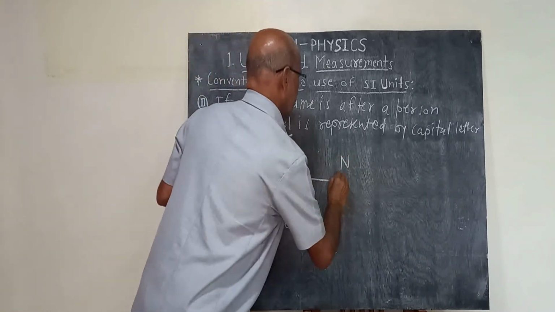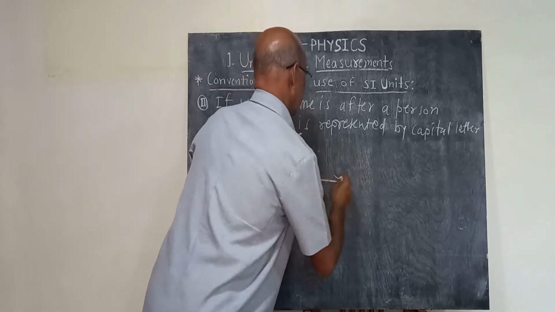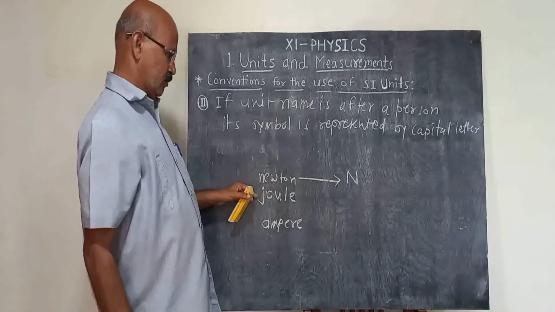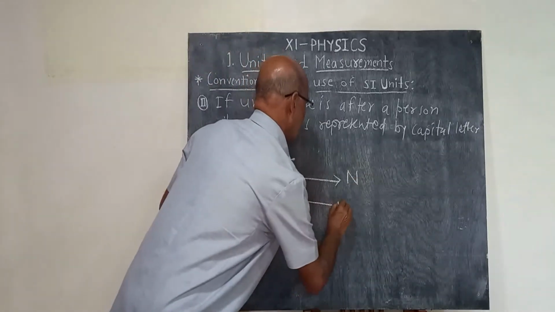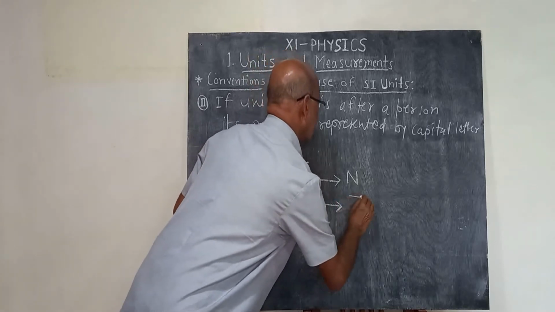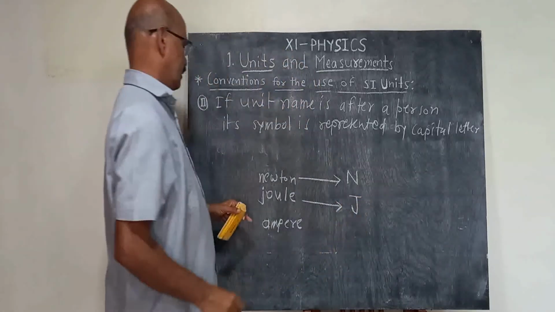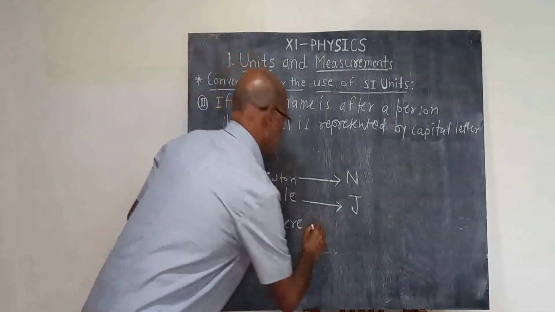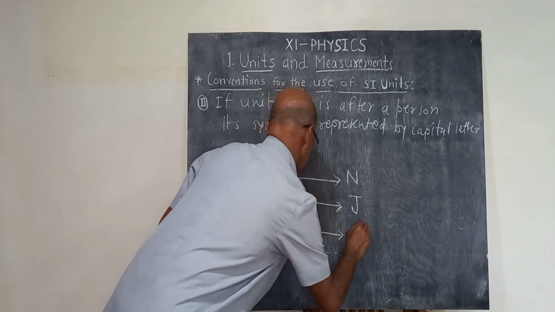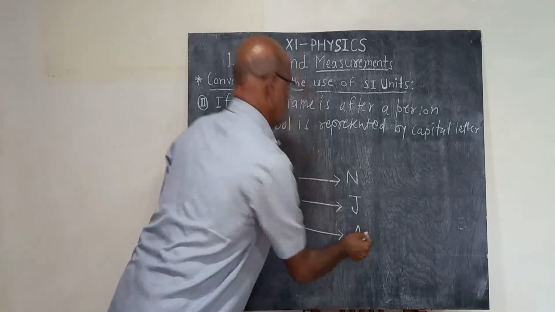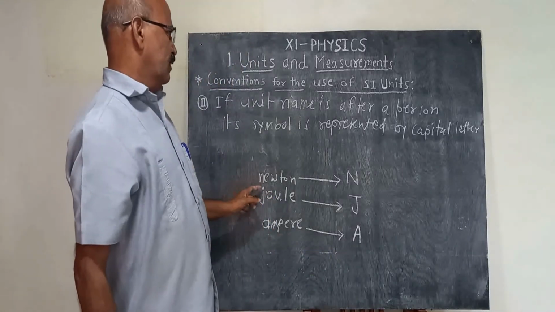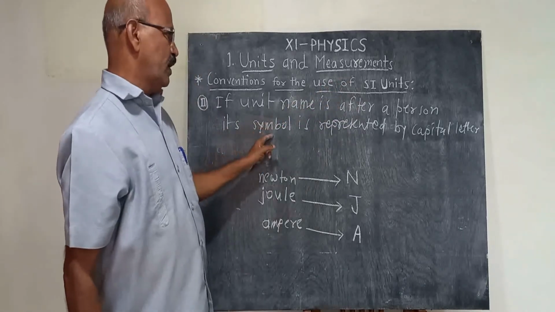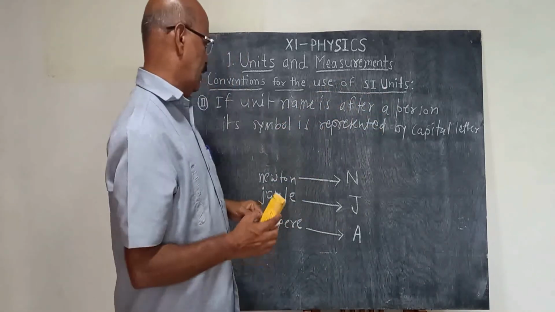Then the SI unit of work is joule, so the symbol is written capital J. The SI unit of electric current is ampere, and the symbol is capital A. So these unit names are after a person, so their symbols are represented by capital letters.